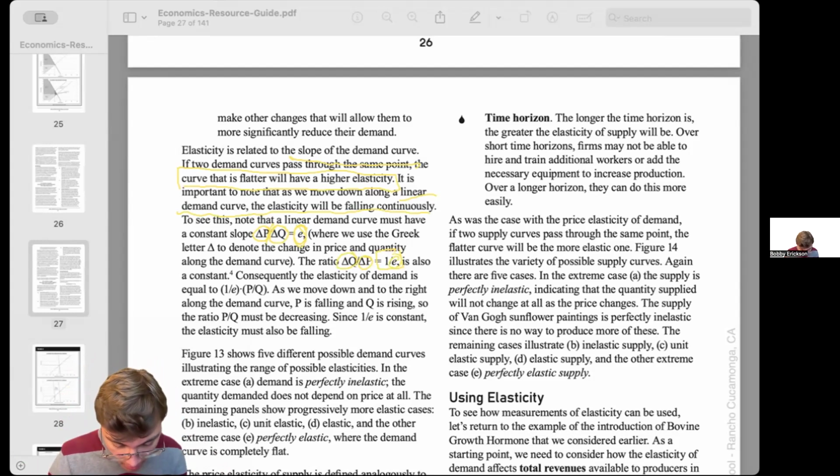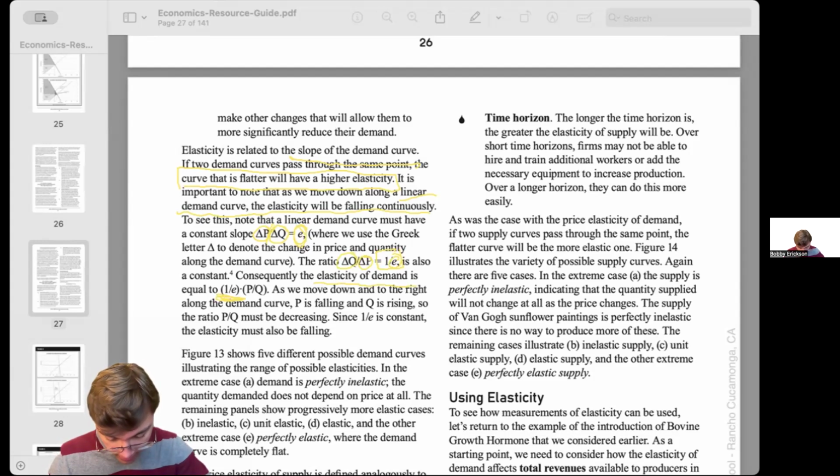And so we know then that the elasticity of demand is equal to this constant, 1 over E, because it's linear.